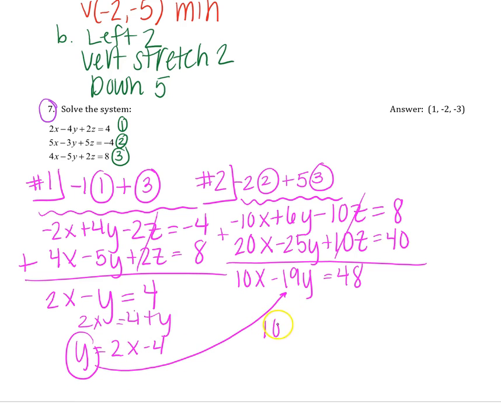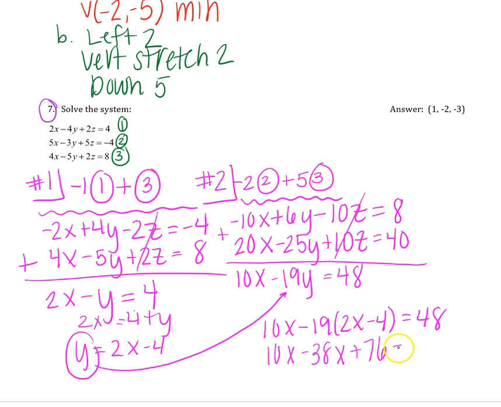So I've got 10x minus 19 times 2x minus 4 is equal to 48. Okay, 19 times 2 gives me 38. And then 19 times 4 gives me 76, so it's going to be plus 76 equals 48.